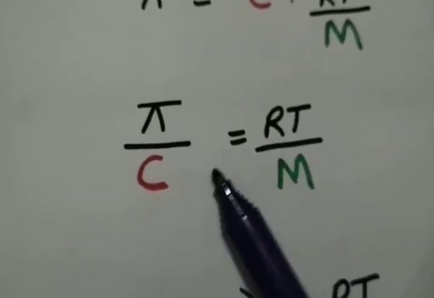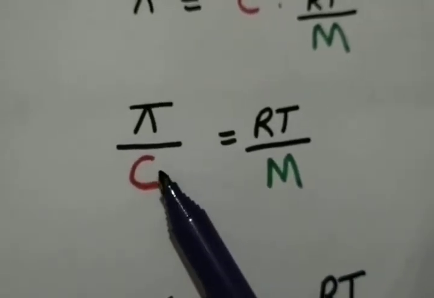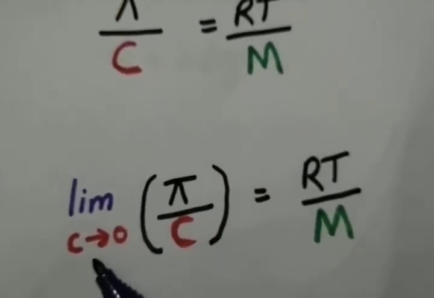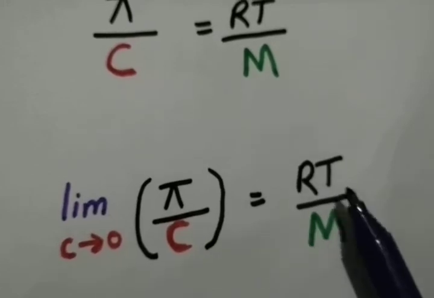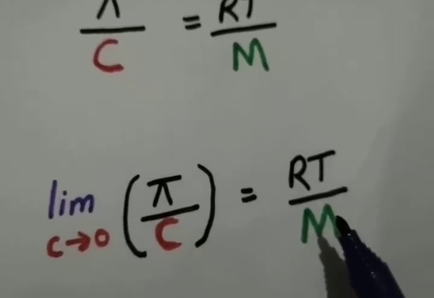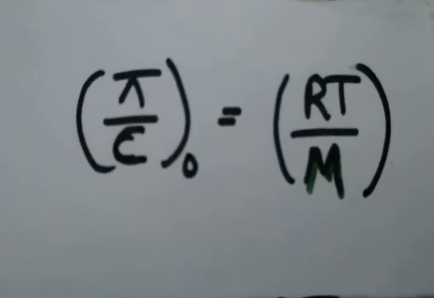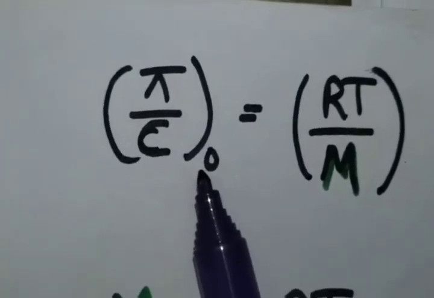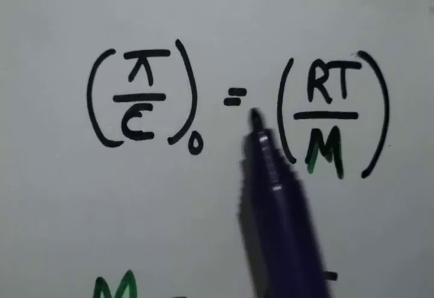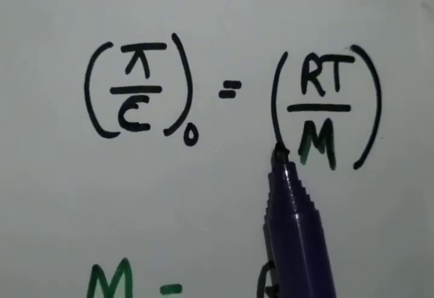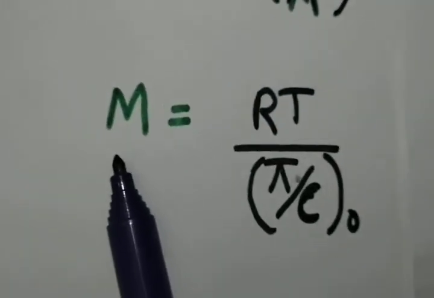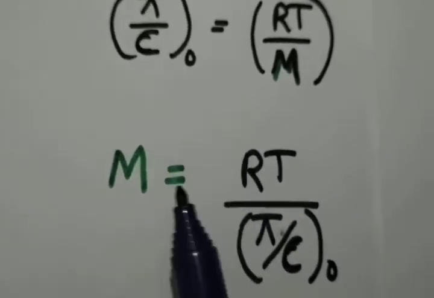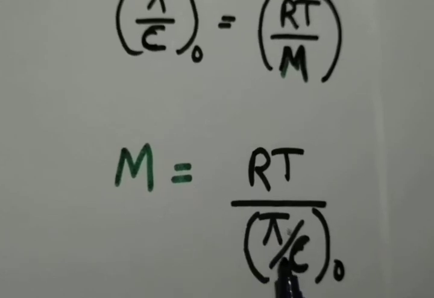So this equation may thus be written as a limit law equation: limit c tends to 0 of pi by c is equal to RT by M. Molecular mass M can be calculated from this equation, that is M is equal to RT by (pi by c) at 0.